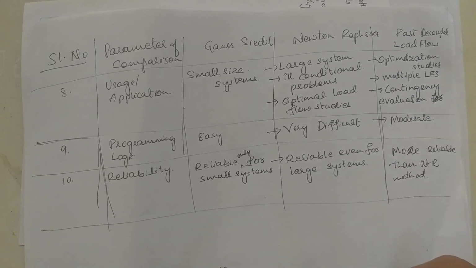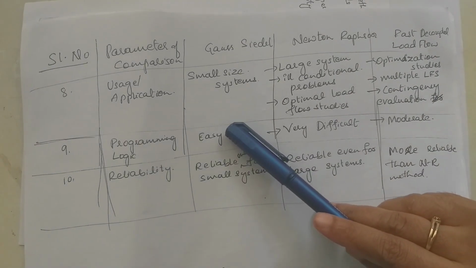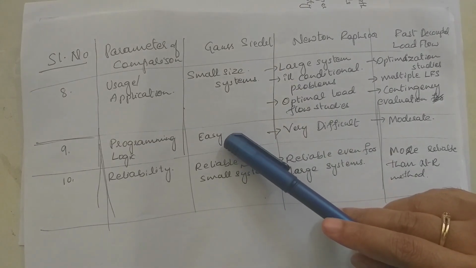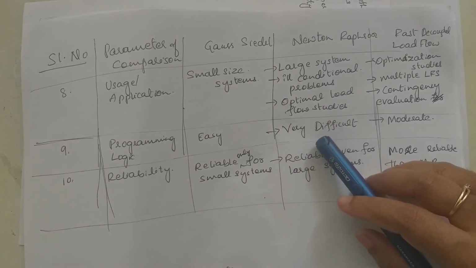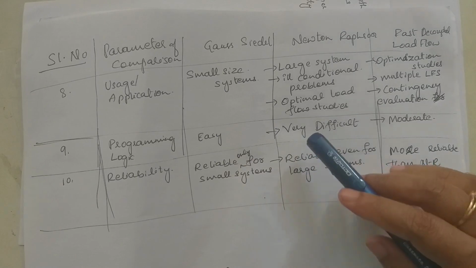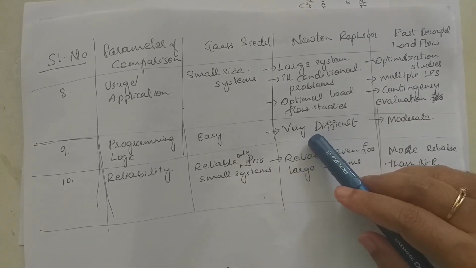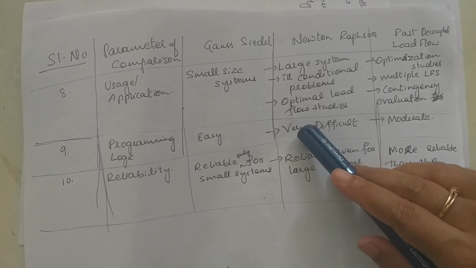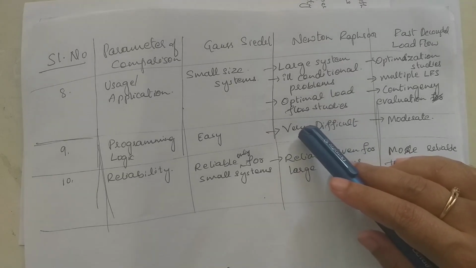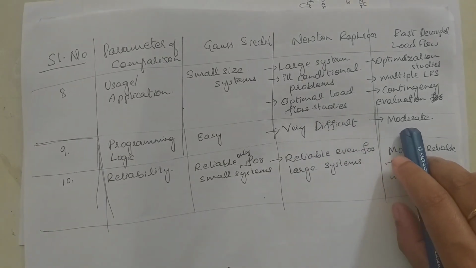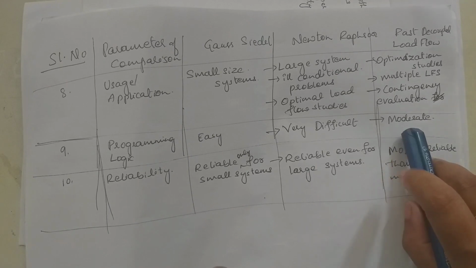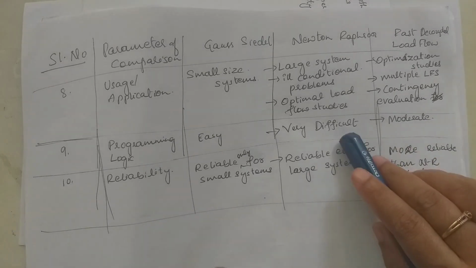Next, programming logic is very easy in the GS method because it has fewer operations. In the Newton-Raphson method the programming logic is very difficult because at each step the Jacobian and its inverse need to be calculated. The computations are more, so programming is quite difficult compared to the GS method. In the fast decoupled load flow method the programming logic is comparatively easier than the NR method.